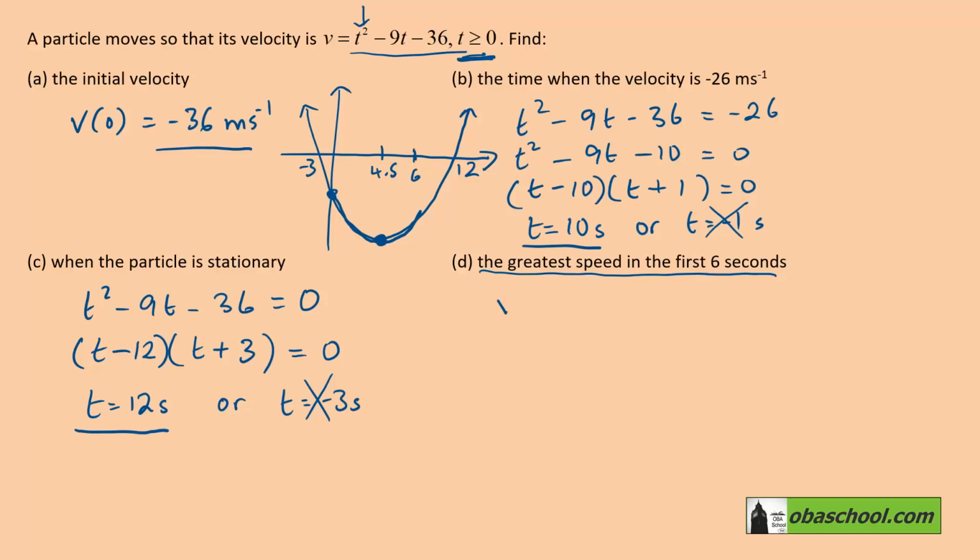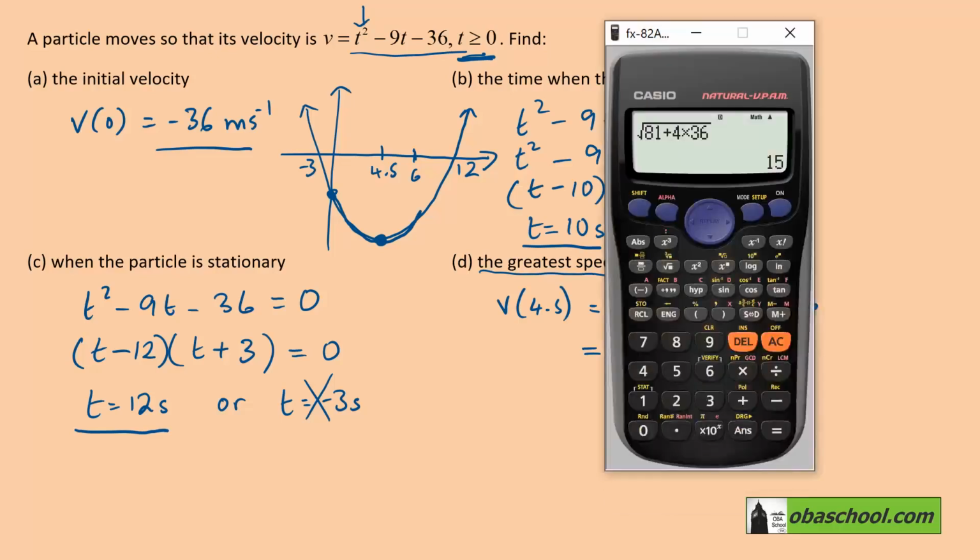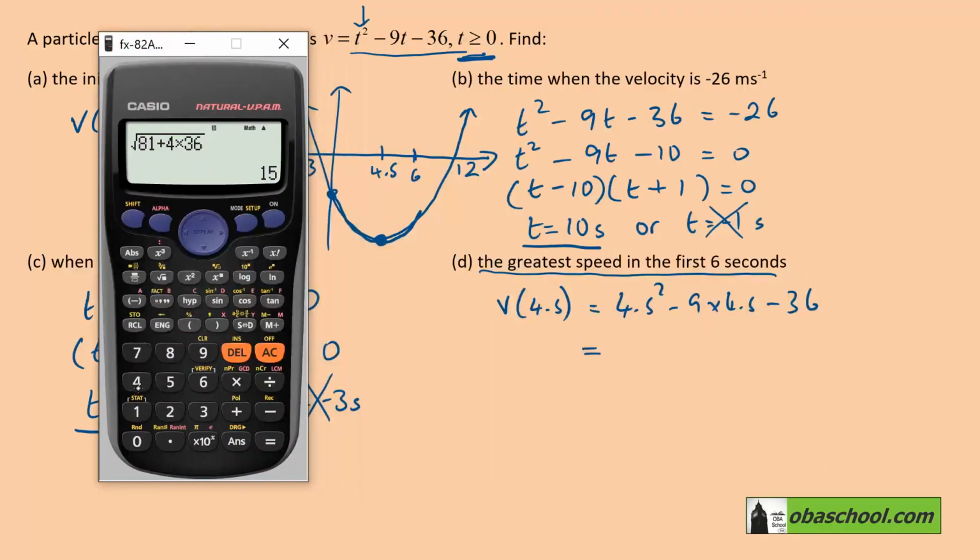So it's going to be v of 4.5. So that's 4.5 squared. Take away 9 times 4.5. Take away 36. So we just need to calculate that. So we've got 4.5 squared.